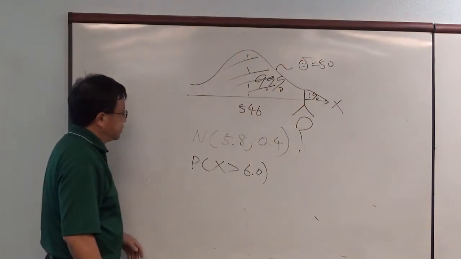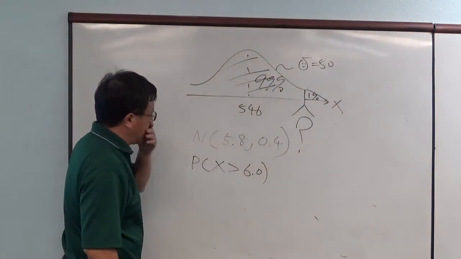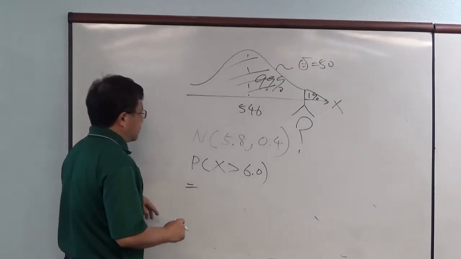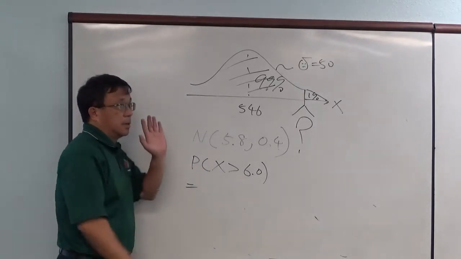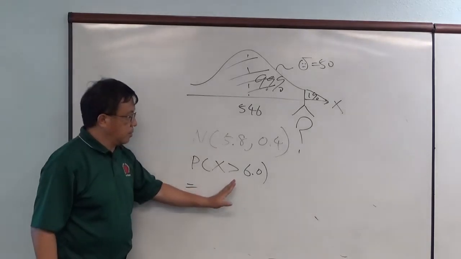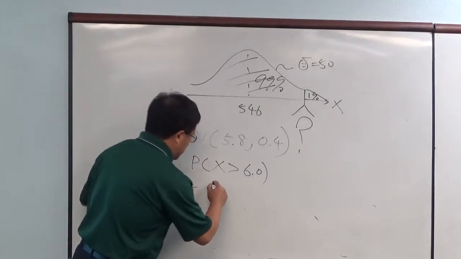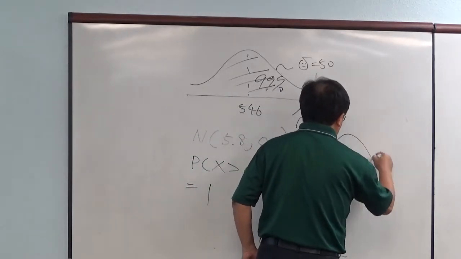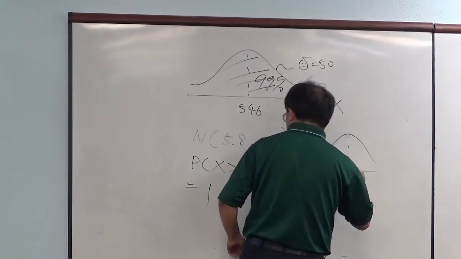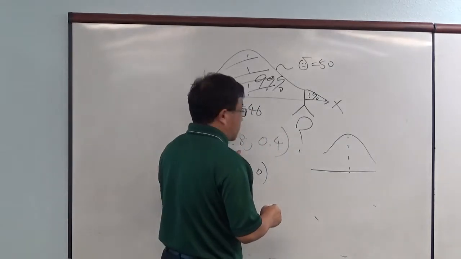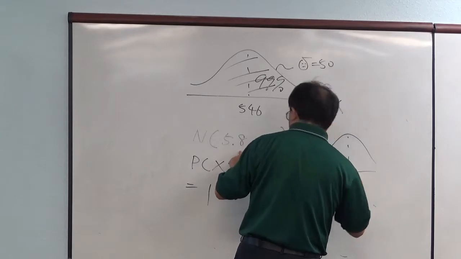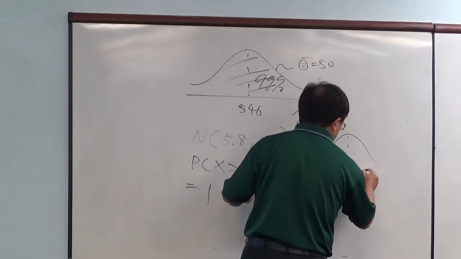But if you just use Excel, I need to find 1 minus something, because the mean here is 5.8, and the 6.0 is here, right?